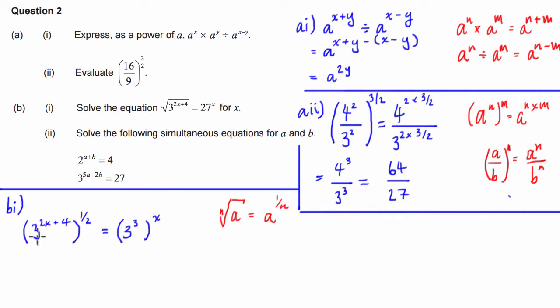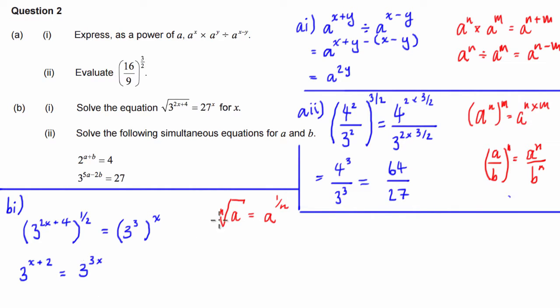Cool. Now we have the same bases on both sides. I'm going to multiply out our brackets. So I'm going to multiply 2x plus 4 by a half. So this is going to be 3 to the power of x plus 2 is equal to 3 to the power of x times 3, which is 3x.